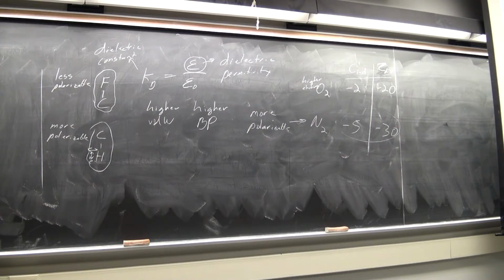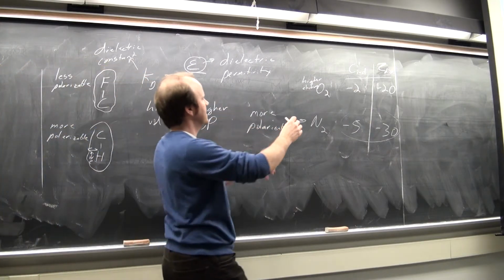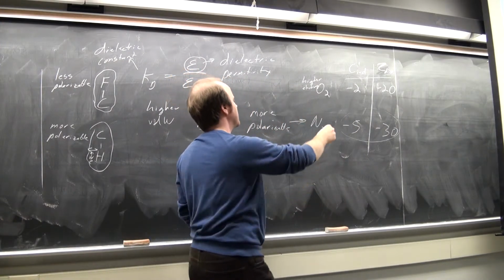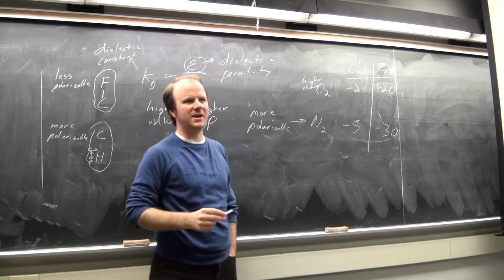Okay, so nitrogen's right here, right? Oxygen's right here. So oxygen has more electrons than nitrogen, but it's also more electronegative. So it holds on to the electrons more tightly, and so that's why it's got lower induced interactions.